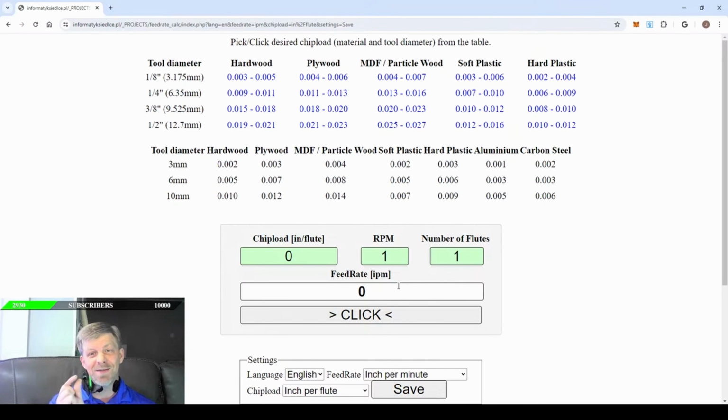Now, the size of this chip is important because it carries heat from your cut out of the cut. When you're cutting material, heat is generated between the bit and the material, a lot of heat. In a perfect situation, 80% of this heat is carried away by these chips.